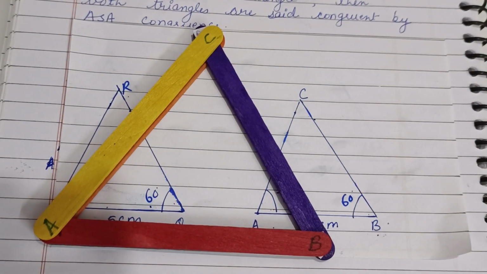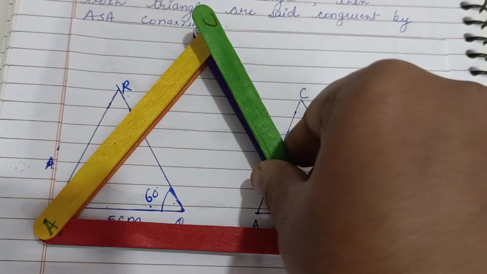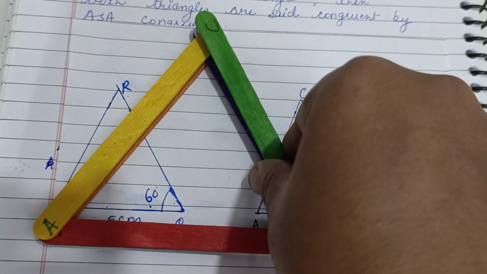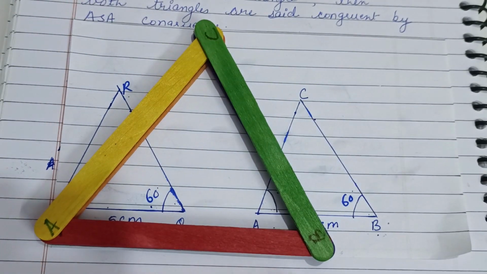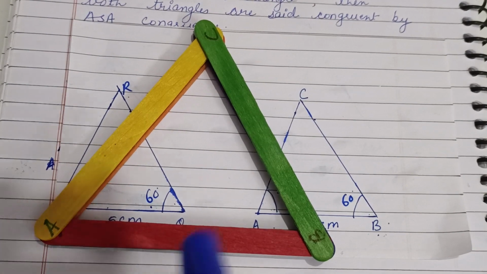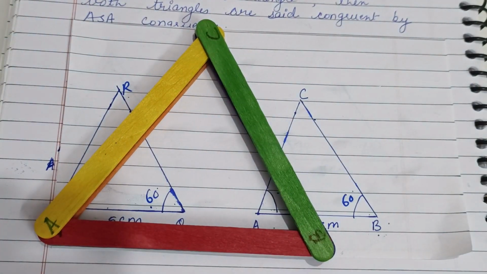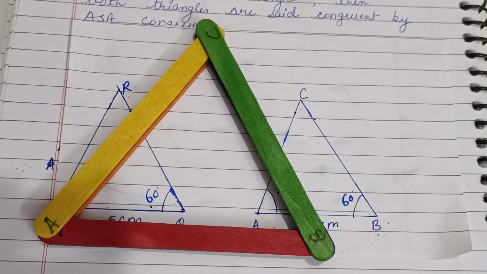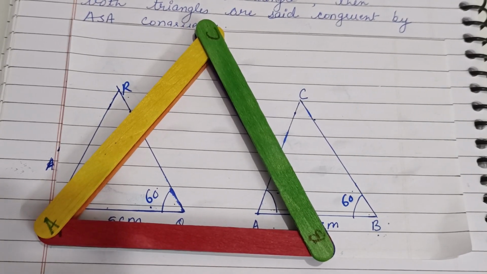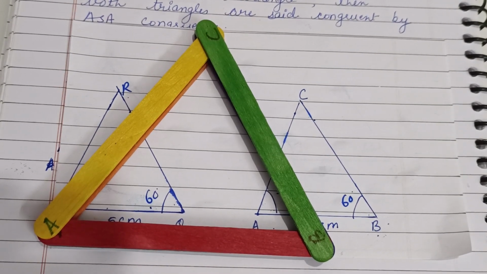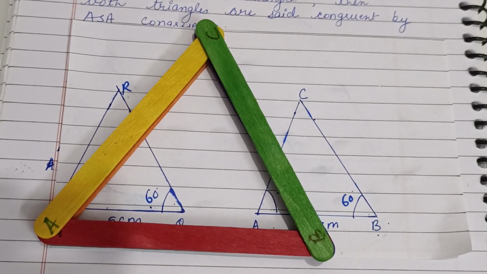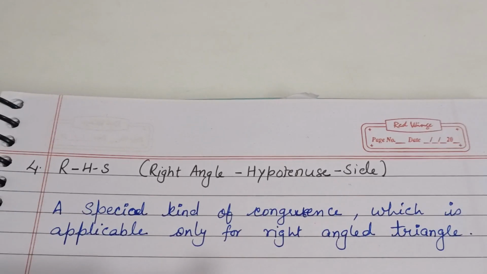Now at point B, I can put BC, so I will make angle B. Now you all can see that all the three angles and all the three sides are congruent to each other. In that way, you can say that the two triangles are congruent to each other by ASA congruence.